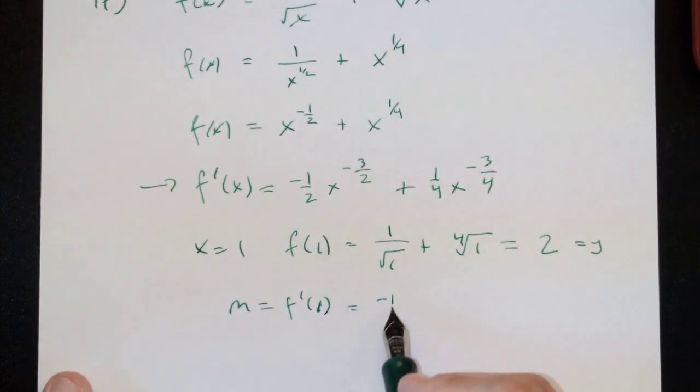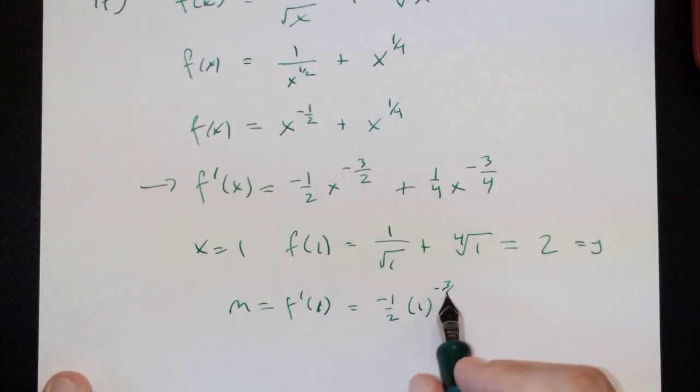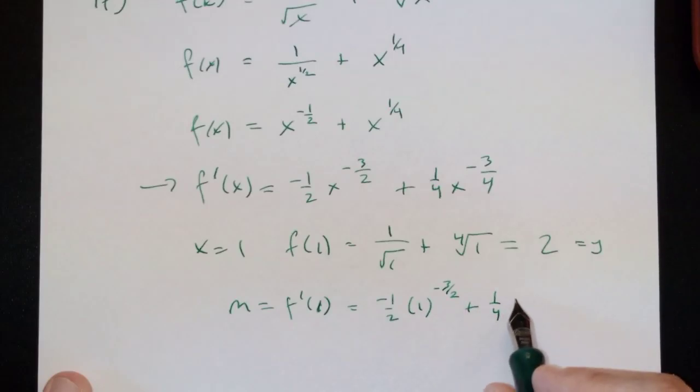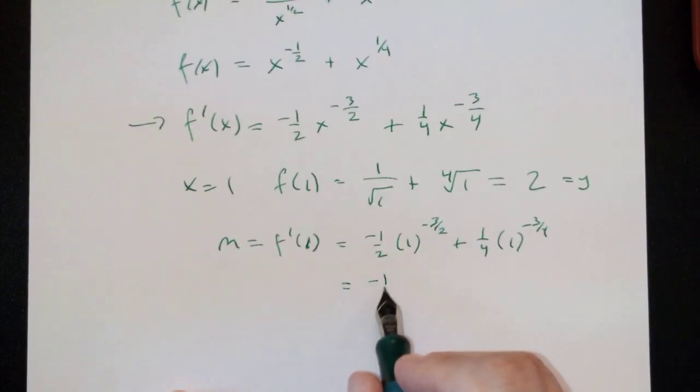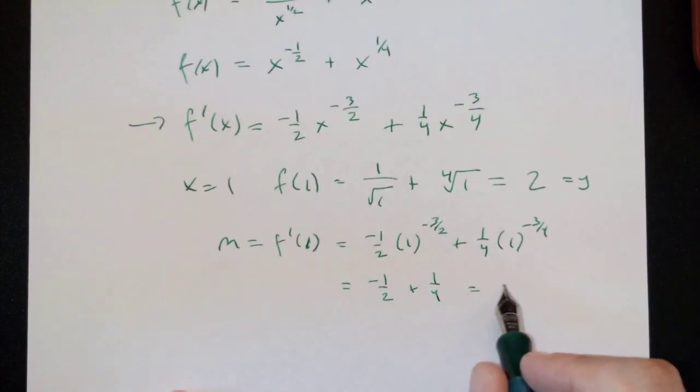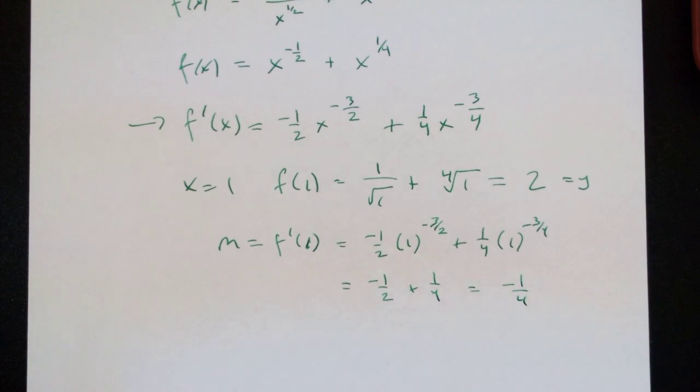So that's negative 1/2, 1 to the negative 3/2, plus 1/4, 1 to the negative 3/4. My advantage here is that 1 raised to any power, no matter how many times you multiply 1 by itself or take roots, it's always 1. So that's negative 1/2 plus 1/4, or negative 1/4. y minus y value equals m times x minus x value. There's my line.